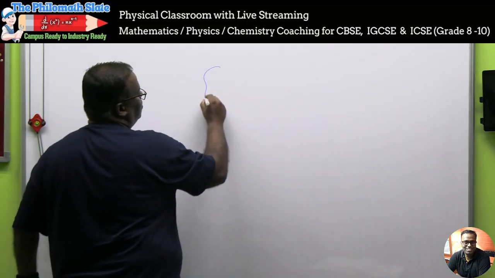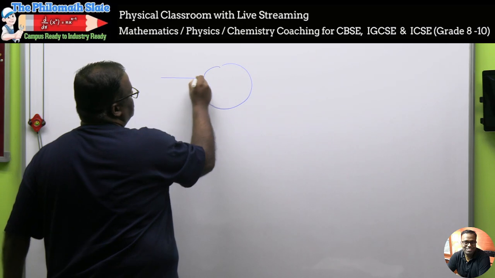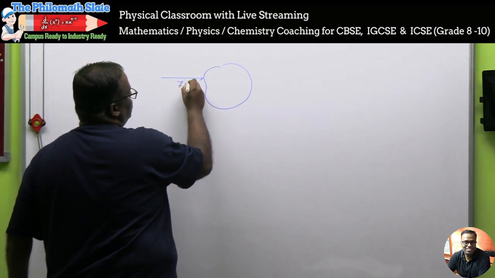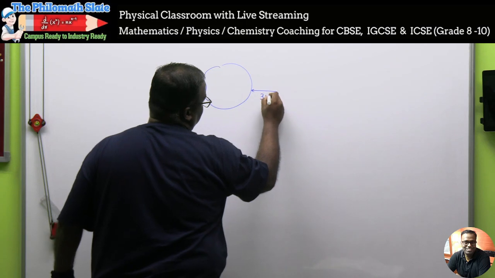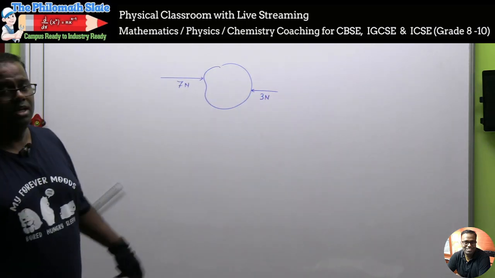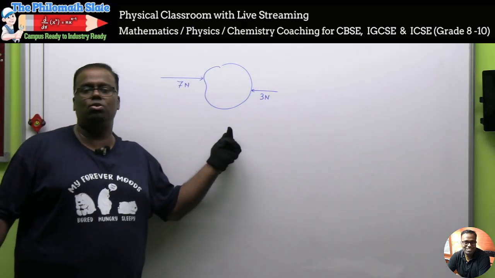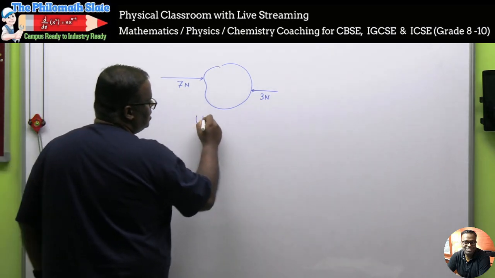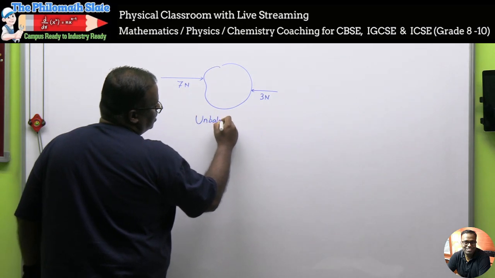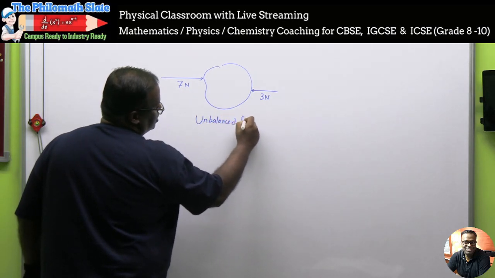Let's say we have a body out here and the body is being acted upon by a force of 7 Newton and by a force of, say, 3 Newton. My question is, is this system of forces balanced? No, this system of forces is not balanced. Such a system we will call unbalanced forces.